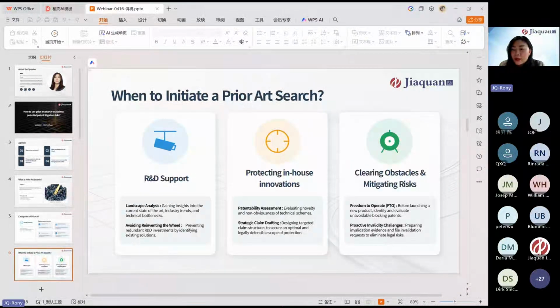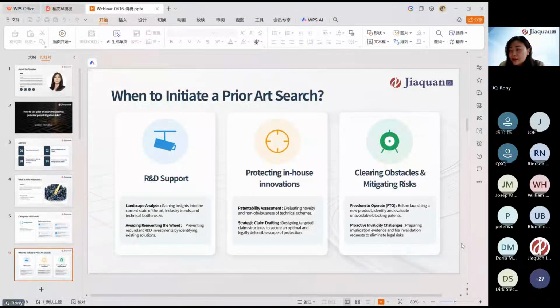So we can see the third scenario. The one most commonly encountered is using prior searches to reduce infringement risks or address litigation. First, during FTO investigations, we sometimes find high-risk patents we cannot avoid.